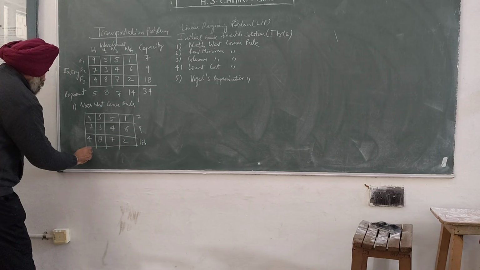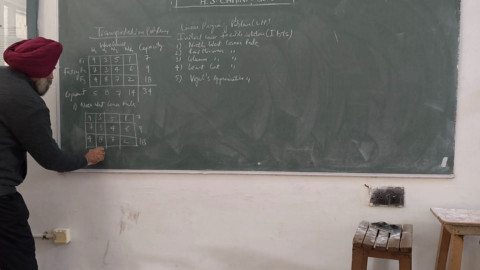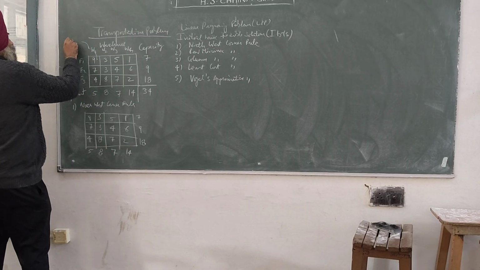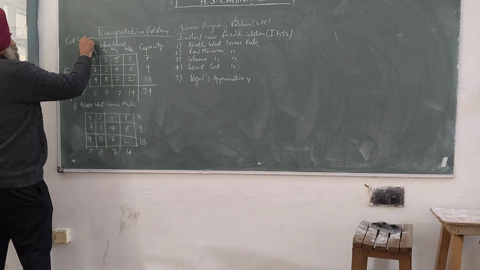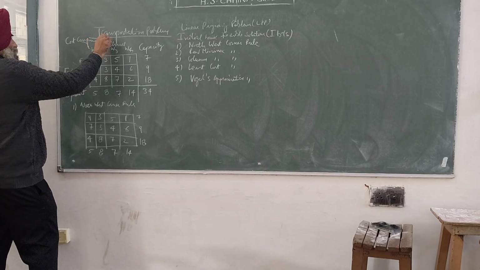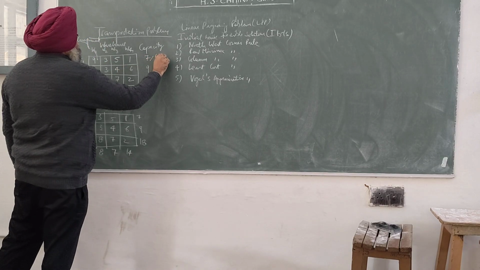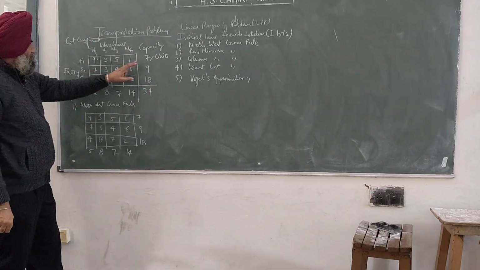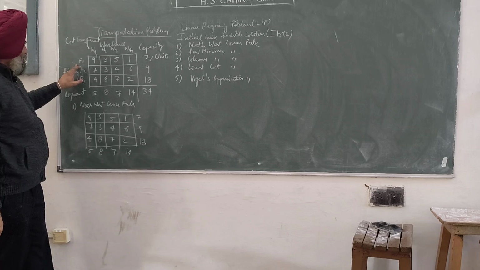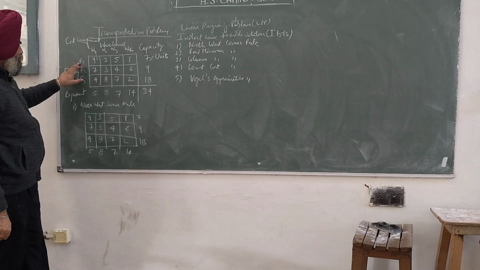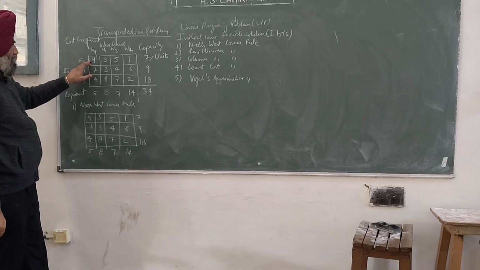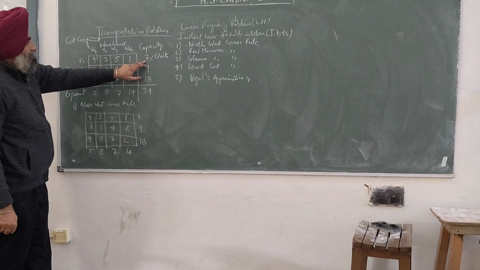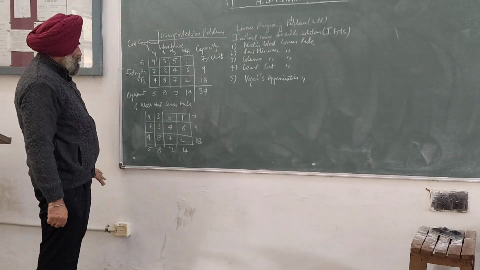And one thing you please note down: all these are the cost components, and these are in units. There is no relation between this and this. From F1 to W1 it costs rupees 9, and you can supply 7 units. It could be 7 containers or anything else.